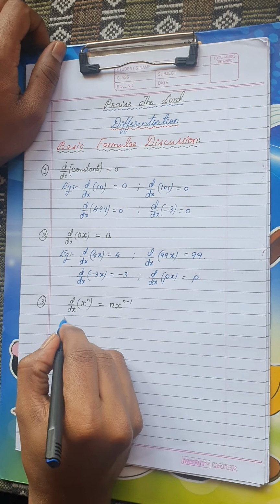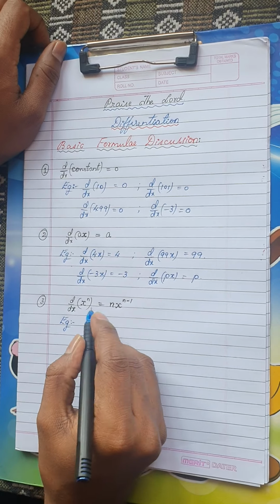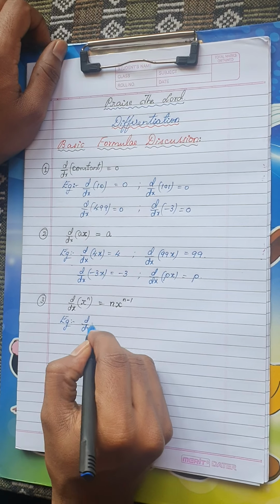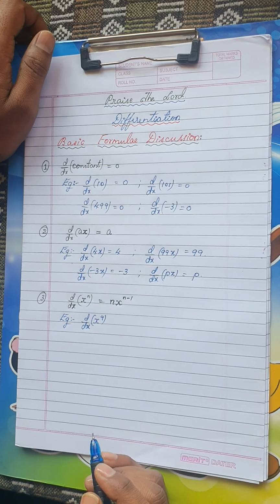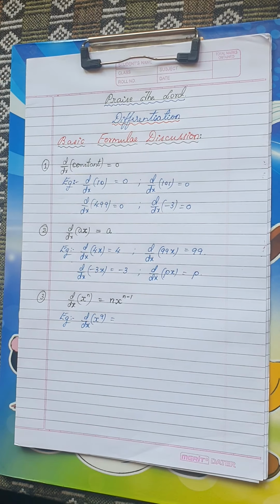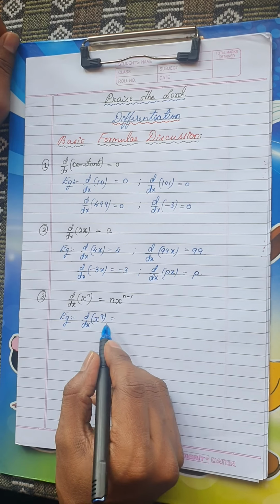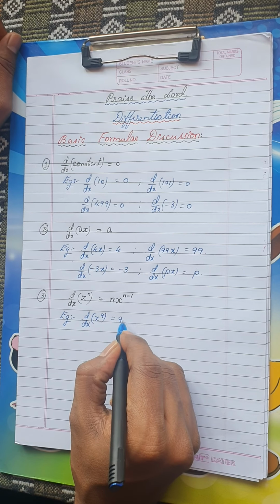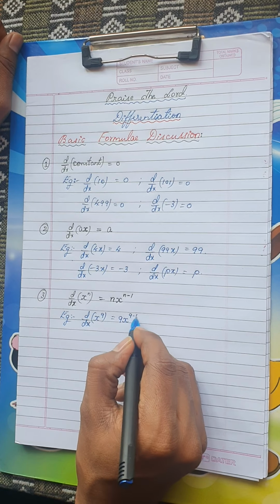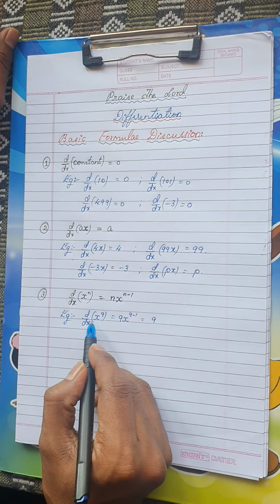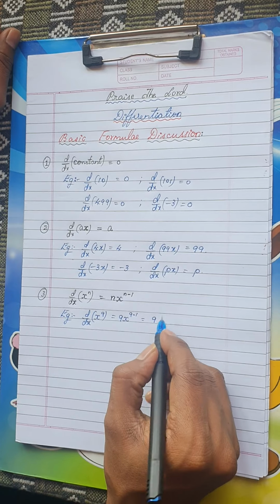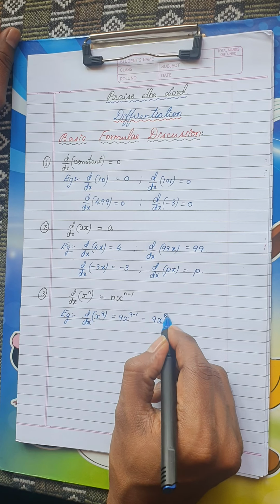For example, let me take x power 9, d by dx of x power 9. Yes, Shruti, what is the derivative of x power 9? According to the formula, the derivative of x power 9 is 9 into x power 9 minus 1, or you can write it directly: multiply the term by the power and reduce the power by 1.